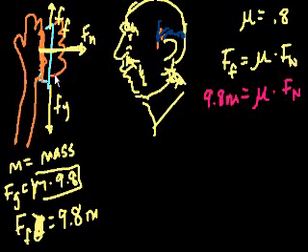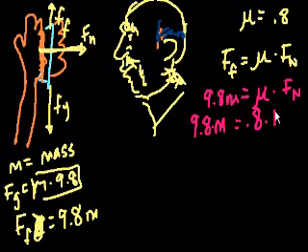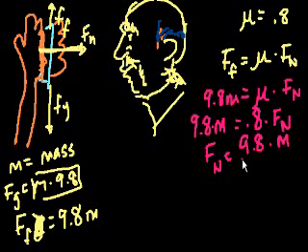Remember, the normal force is essentially the force that I'm pushing the pie with. And we know this is 0.8. So we have 9.8 times the mass is equal to 0.8 times the normal force. So the normal force is equal to 9.8 times the mass divided by 0.8.